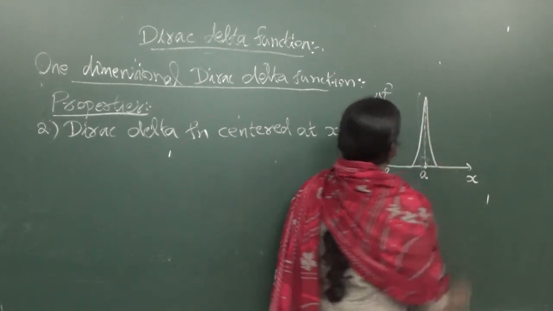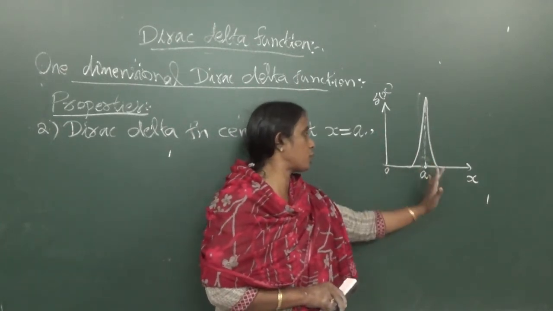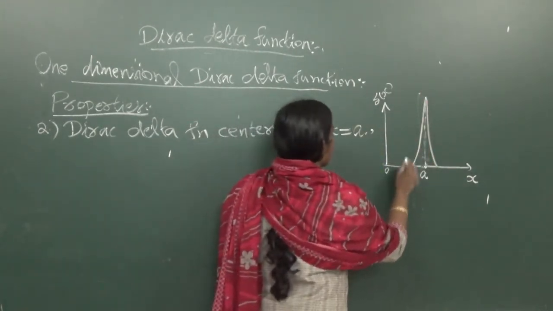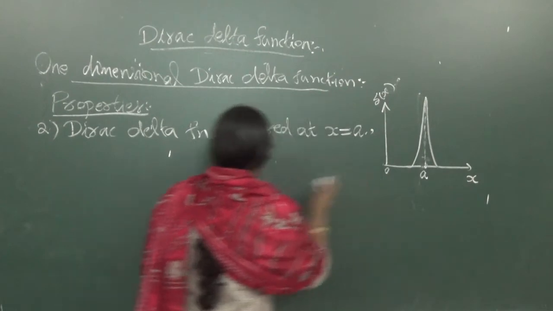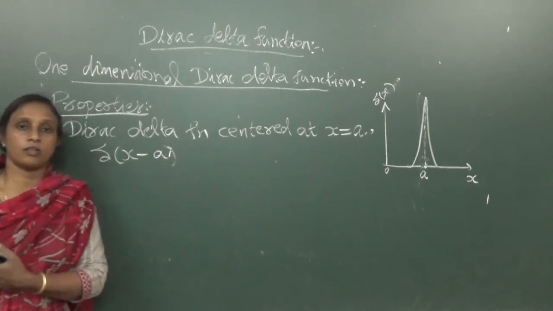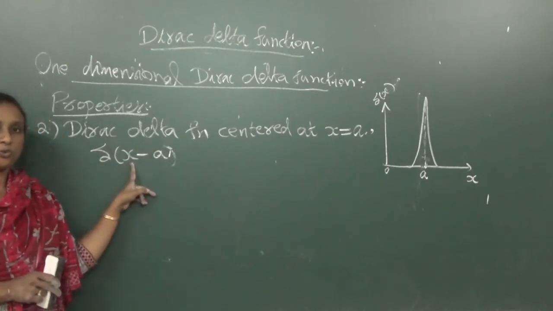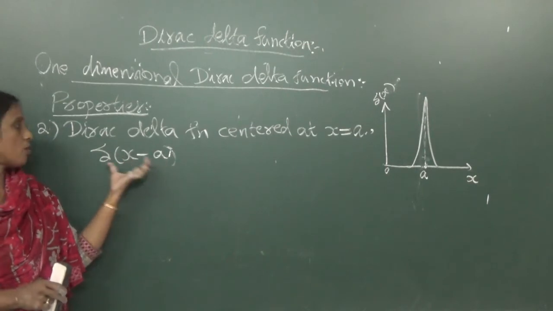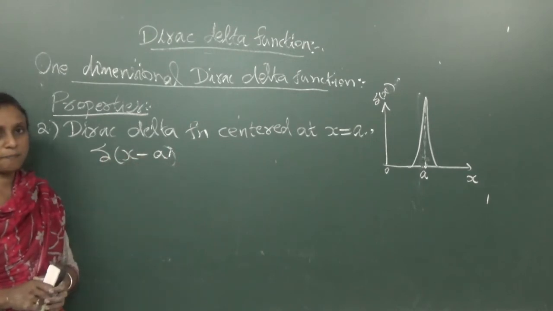This is the point A. This time the origin is shifted to A. This function is represented by delta of x minus A. This is actually delta of x, so you can write it as delta of x minus A. Then x equal to A is shifted to 0. When x equal to A, this is delta of 0. So you can write the Dirac delta function as delta of x minus A.